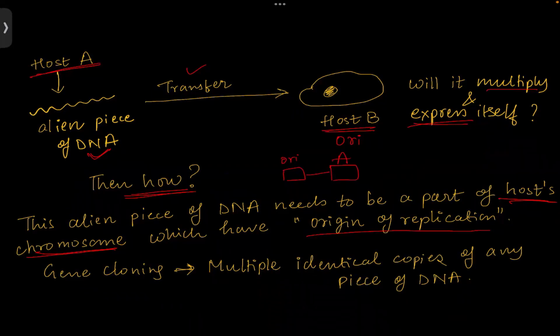Then what will happen? When DNA replication starts at ORI, it will go in the 5' to 3' direction, and it will find this alien piece of DNA as well.